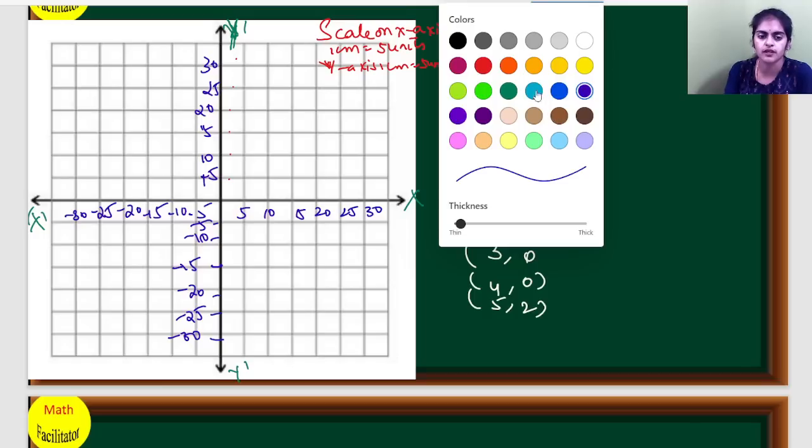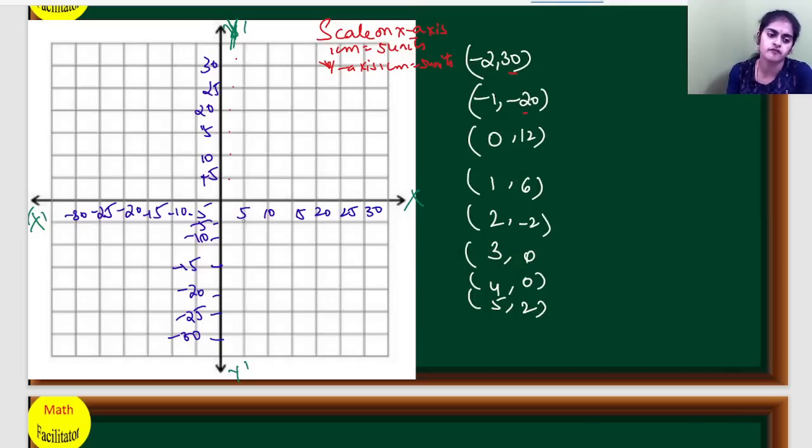So now let's plot the points. Here you have minus 2 comma 30: minus 2 on the x-axis and 30 on the y-axis. So minus 2 will be somewhere here, before minus 5, and 30 is somewhere at this point. Now minus 1 comma 20: minus 1 is again very close to this, so 20 is somewhere at this point. Then 0 comma 12, which will be very close to here, and 1 comma 6.